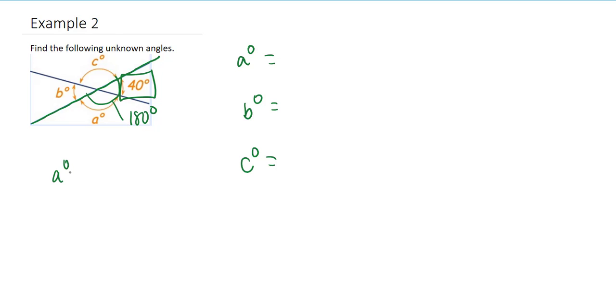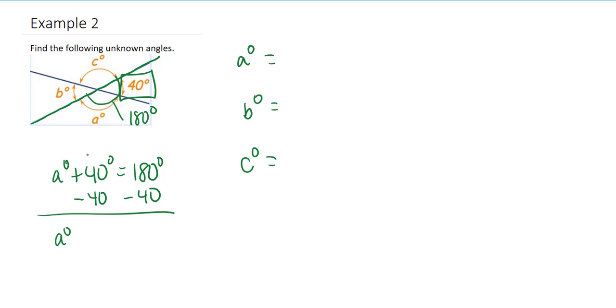So angle A plus 40 degrees is equal to 180. Let's subtract 40 on both sides so we can get to angle A. This crosses out and we get 180 minus 40, so we get 140 degrees. So that's angle A. We've done one.